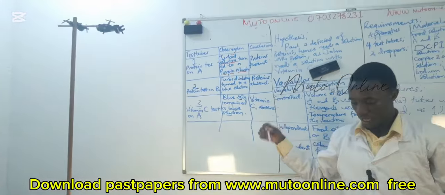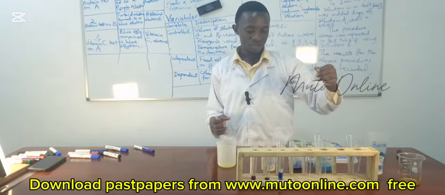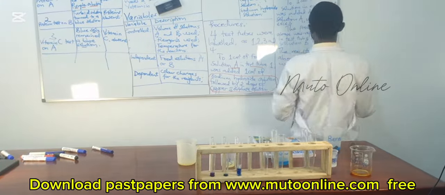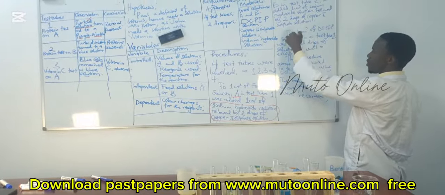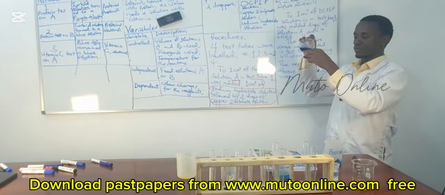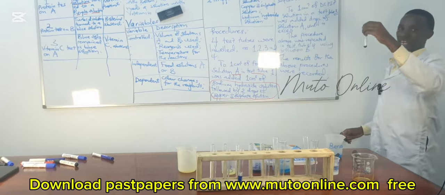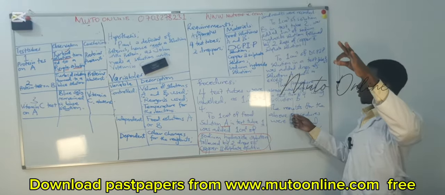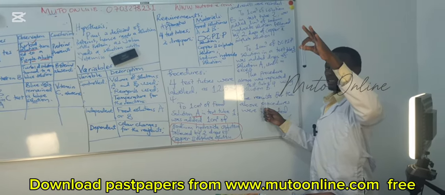Having finished A, let's try test tube 4, where we are repeating these procedures of putting 1 cubic centimeter of DCPIP, and then we add solution B dropwise until in excess.